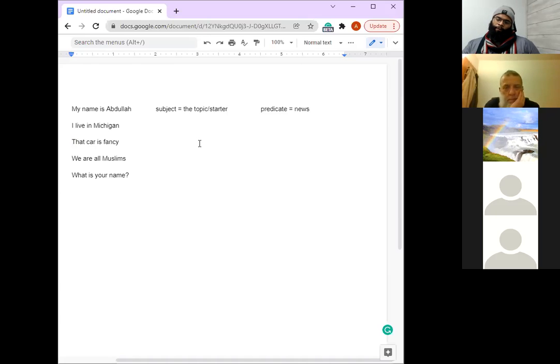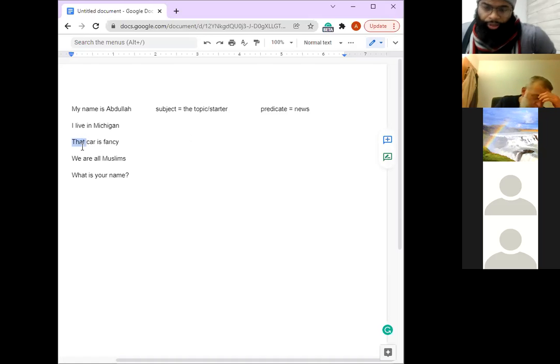So what am I building my sentence around? In that car is fancy, the sentence revolves around the word car. The word that is an ornamental word that dictates which car I'm talking about.